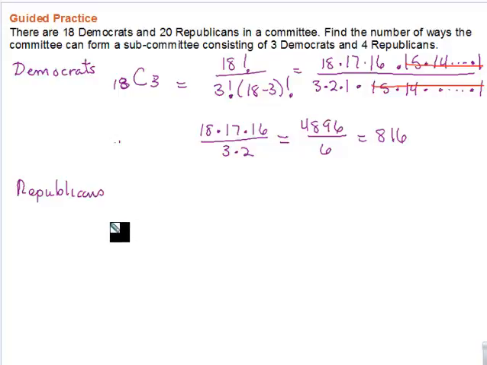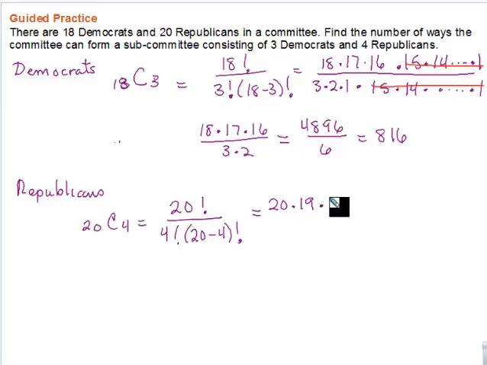To pick Republicans, we've got 20 Republicans and we want 4 of them. 20 times 19 times 18 times 17, 16 here. So my 16 down and this 16 are going to cancel, so I'm just going to leave them out.